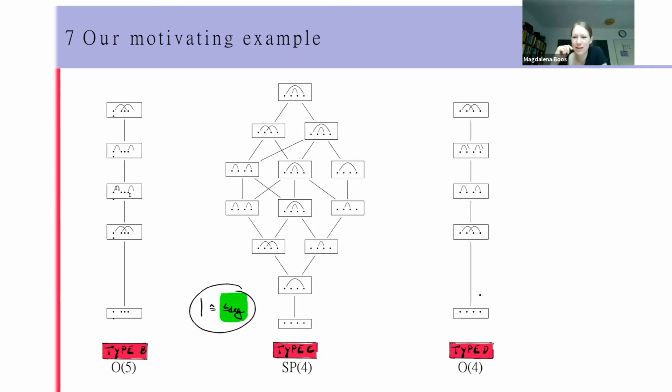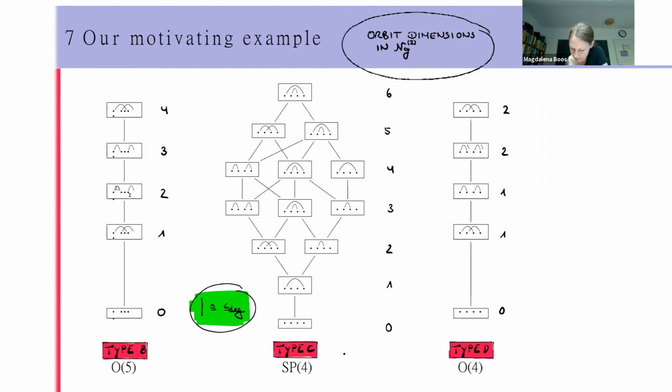So we started with calculating the dimensions, the epsilon dimensions, or dimensions in the epsilon representation variety. And now let's draw them. These are the ones, 2, 1, 0.